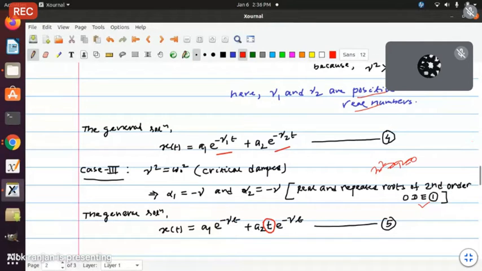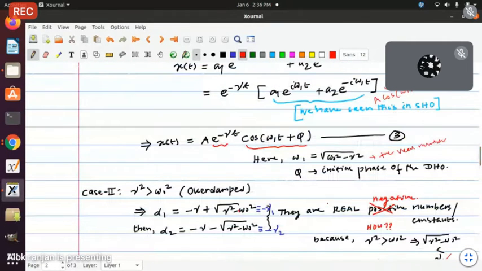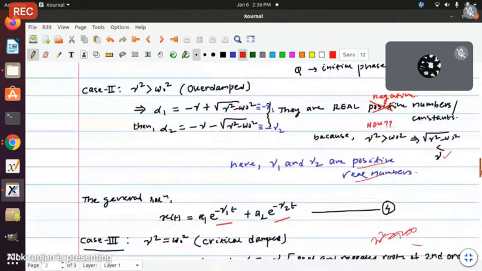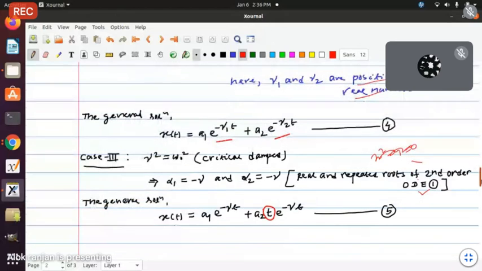Now, depending on the term sitting inside the square root, we have three different solutions. When gamma square minus omega naught square is a positive number, a negative number, or zero, we have under damped, over damped, and critical damped. But why did they get names like that?